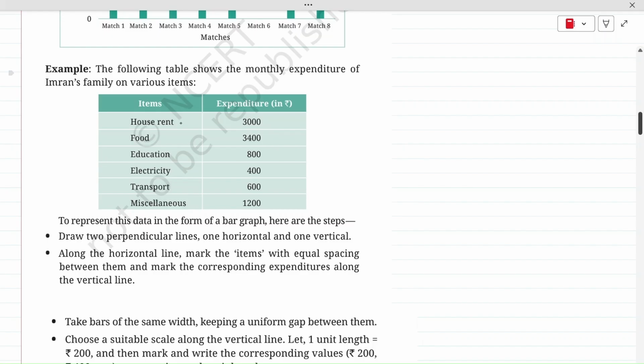That is, monthly house rent is 3,000. On food they spend 3,400, on education 800, electricity 400, transport 600, and miscellaneous, meaning all other things except these, they are spending 1,200.